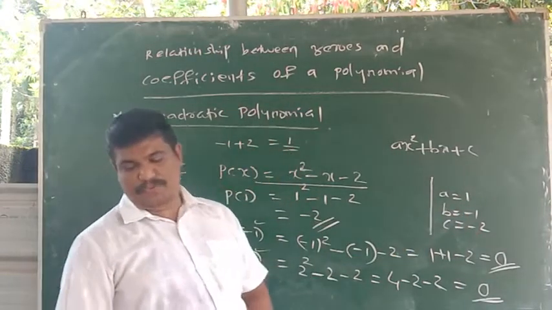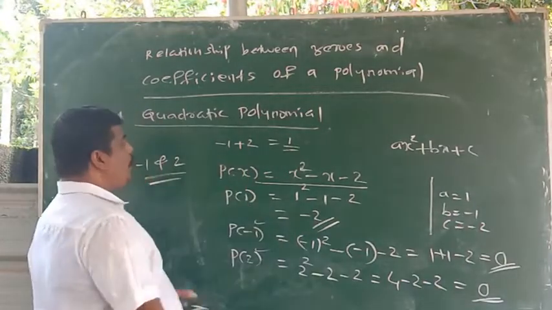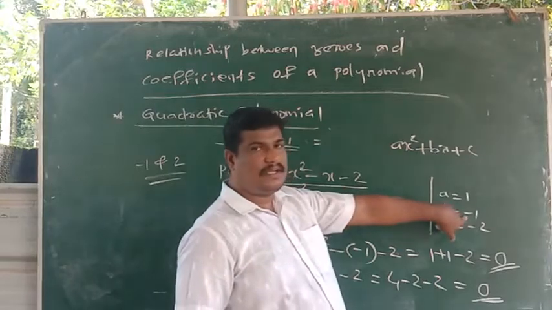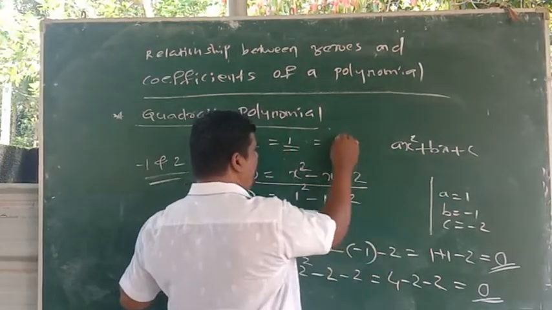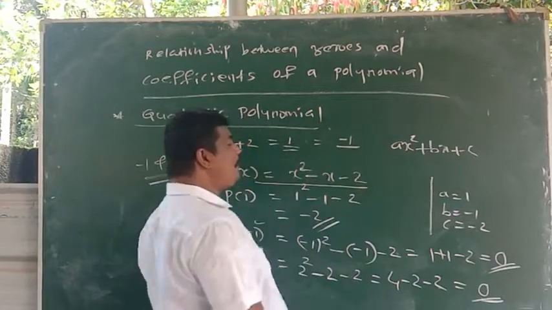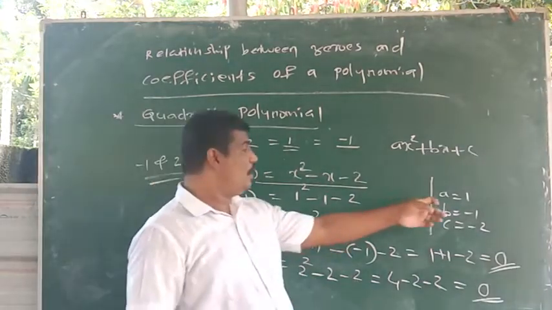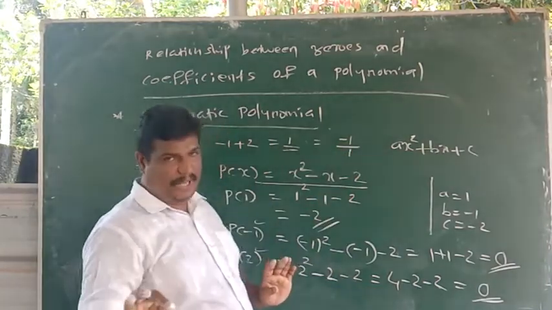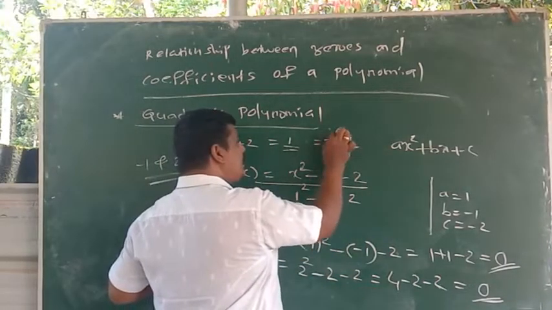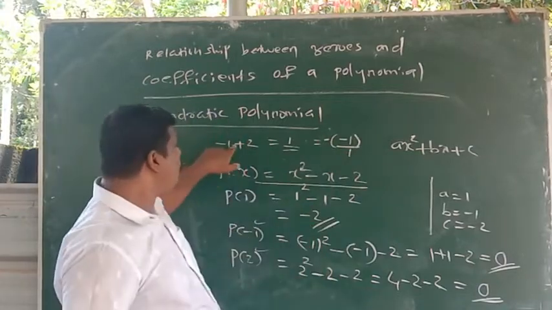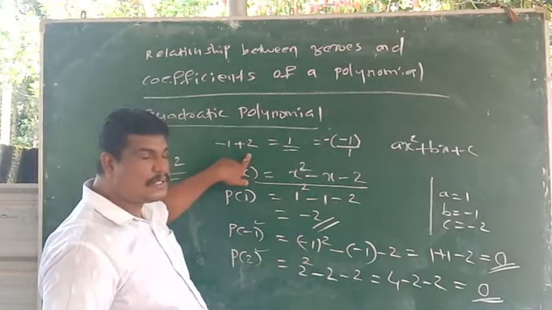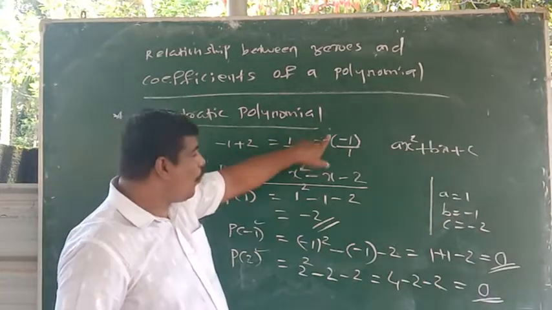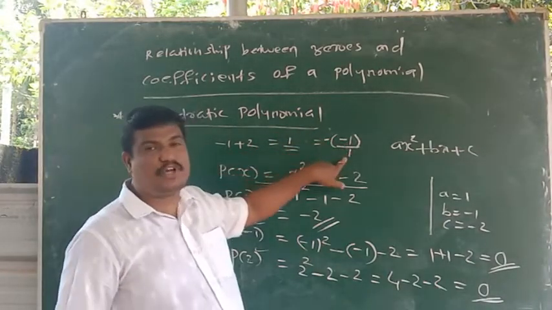Sum of zeros is equal to minus coefficient of x, minus 1 by coefficient of x square 1. What is minus of minus 1 by 1? 1. So it is the rule: sum of zeros of the polynomial is equal to minus coefficient of x divided by coefficient of x square.